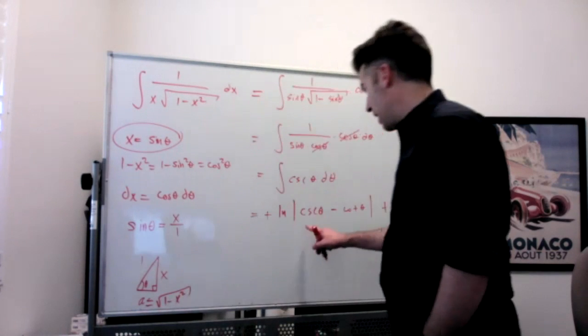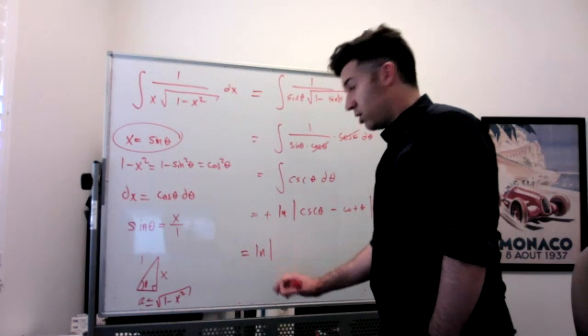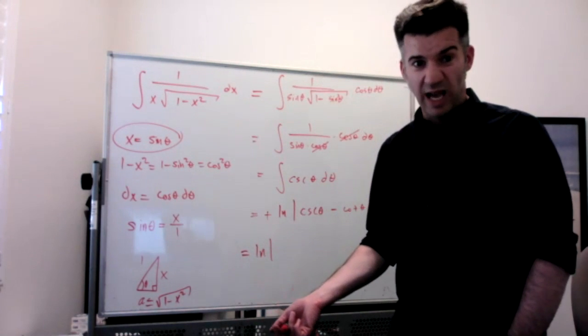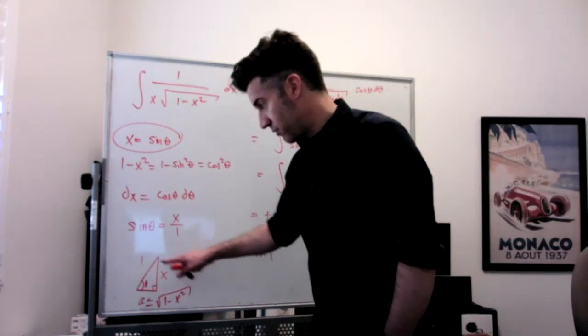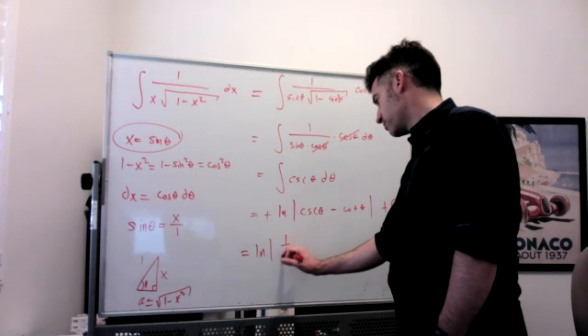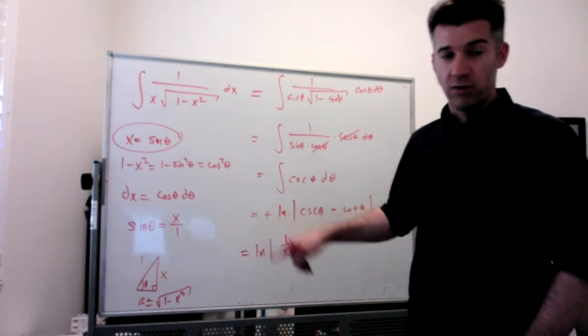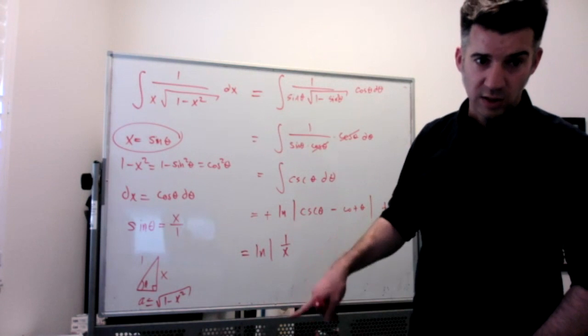Great. Now I can find cosecant and cotangent. Cosecant is the reciprocal of sine. Sine was x over 1, so cosecant is 1 over x. Cotangent is the reciprocal of tangent. Tangent's opposite over adjacent, so cotangent is adjacent over opposite.